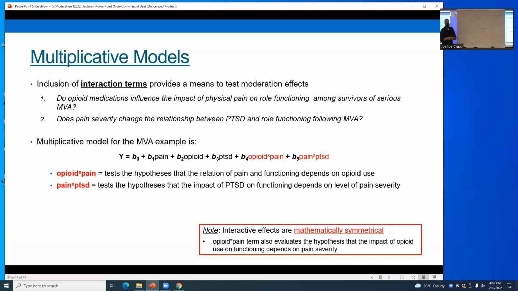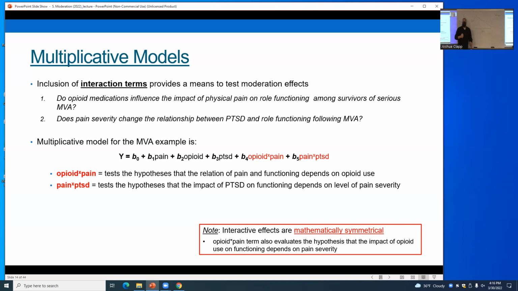Where's my main effect, controlling for opiate use? Where's that going to land in my overall regression model? It's just going to bisect this. And so in my overall model, it's going to look like pain doesn't have a relation to function. Right?